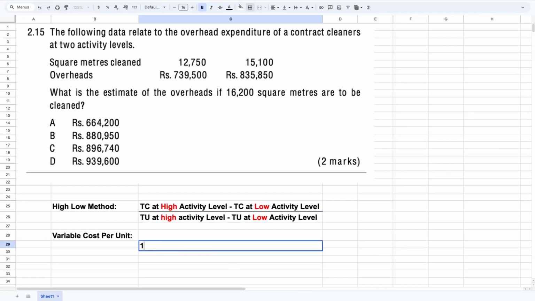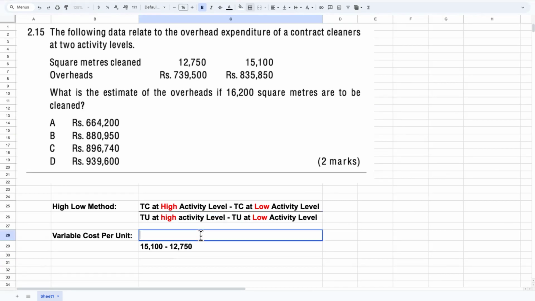So 15,100, then take away the lowest activity level, 12,750. That's the bottom part. And the top part is we have to identify for this 15,100 how much cost we have made, and for this 12,750 how much is the cost.